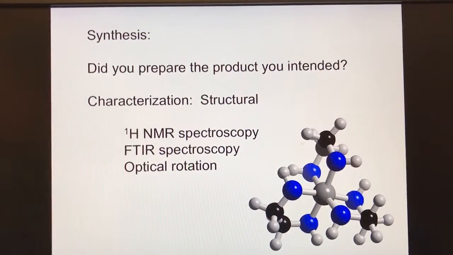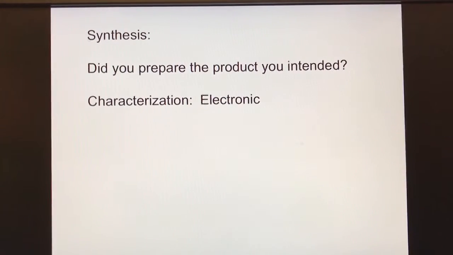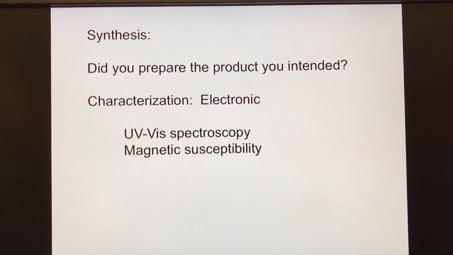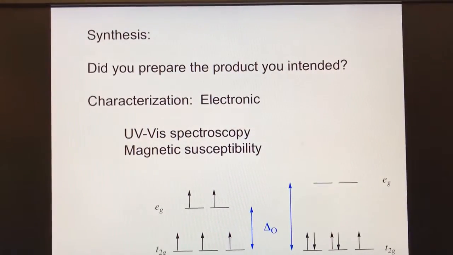Okay, beyond structural characterization, you will also want to carry out electronic characterization. And what I mean by that is that with UV-Vis spectroscopy, as well as magnetic susceptibility, you can get some more information about the electronic structure of the compound, meaning, especially because we're looking at transition metals, we'll focus on the d orbitals and the d electrons within those.